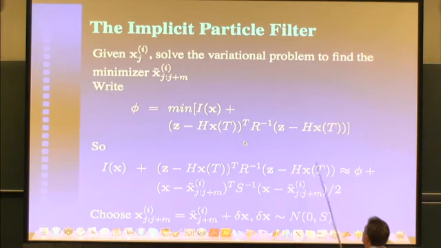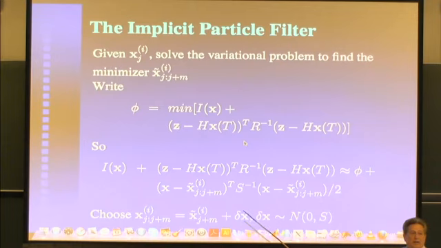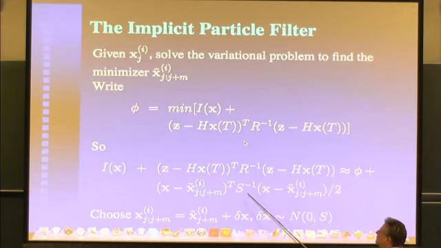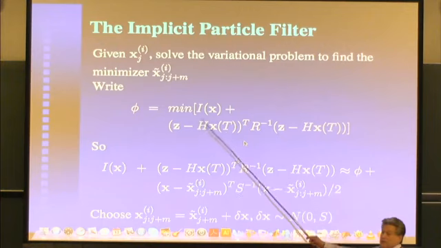This likelihood function is now the minimum plus this quadratic thing, because obviously the gradient disappears, by construction. And this thing is the Hessian of this guy.